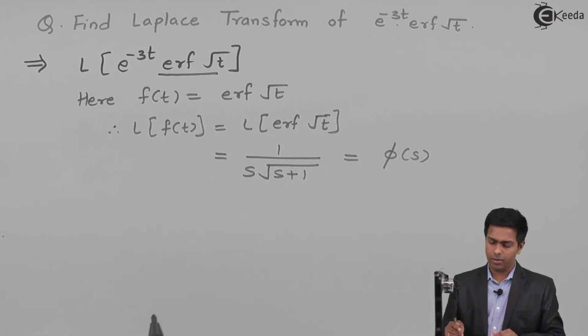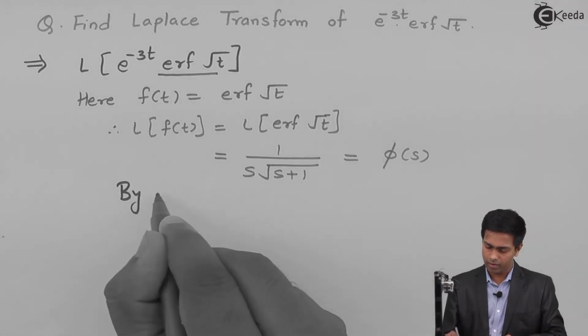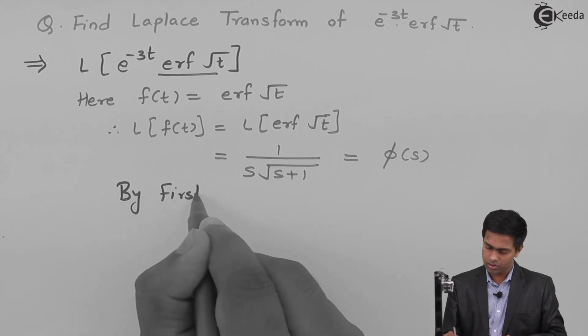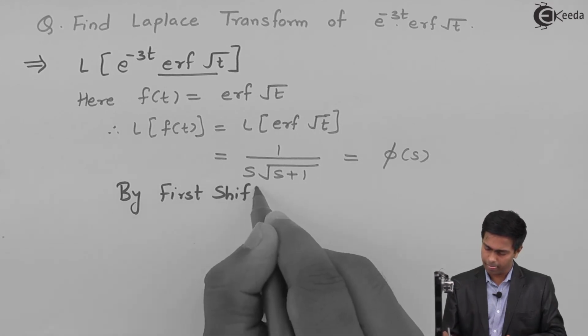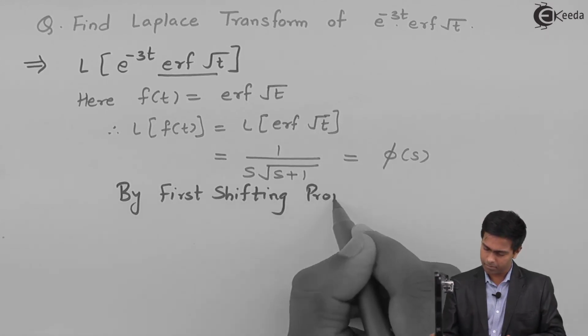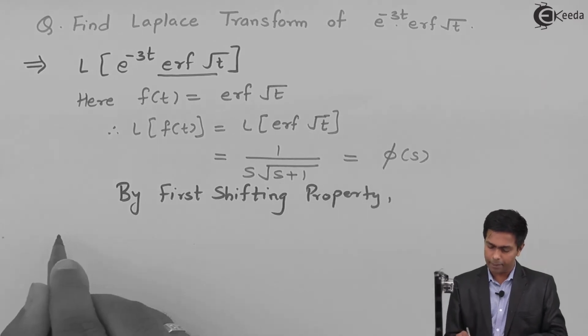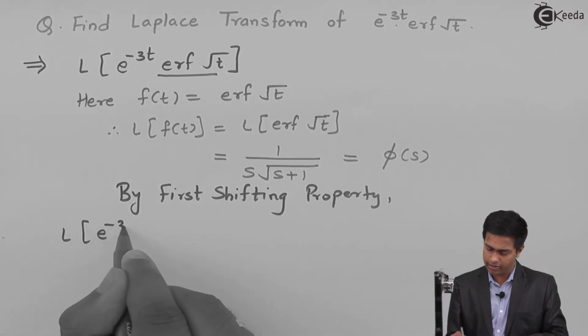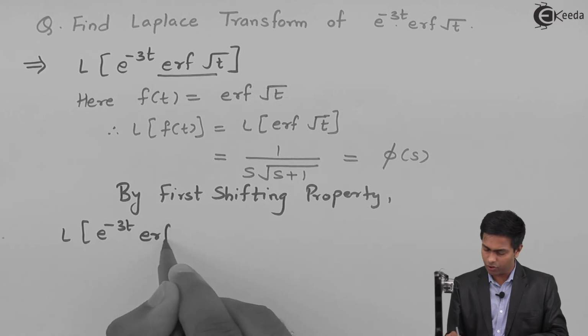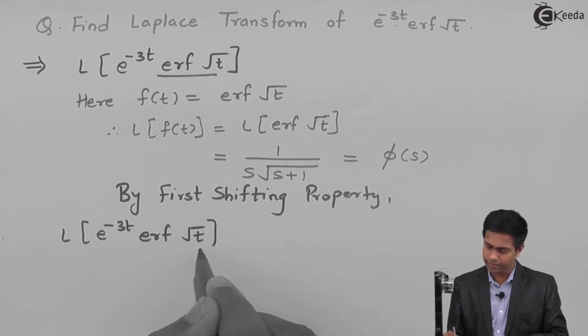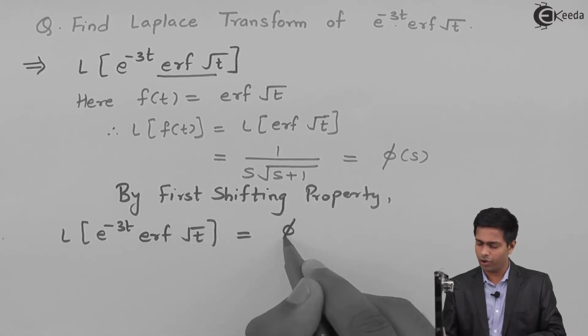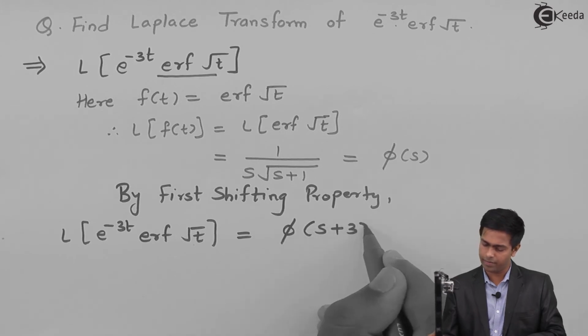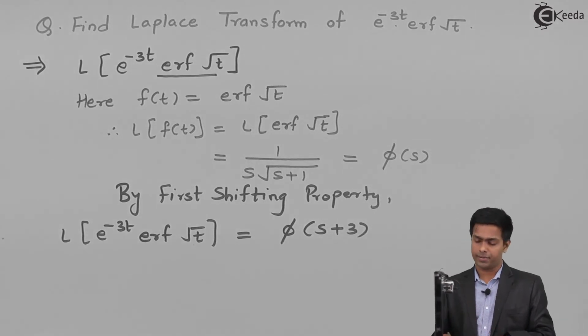Now this function of s we will use in the first shifting property. So by first shifting property, Laplace of e raised to minus 3t error function of root t, that is f of t, is equal to phi of s plus 3. So here I have applied the property.